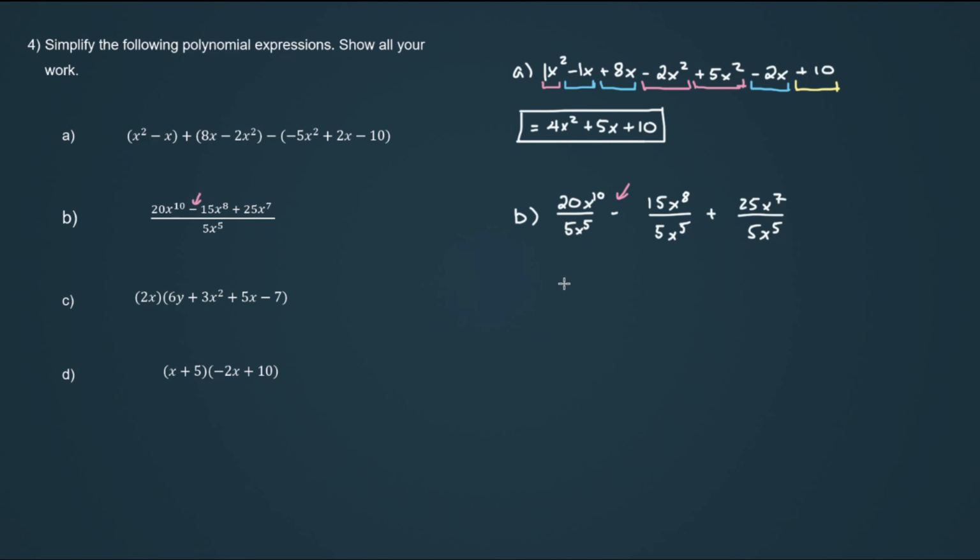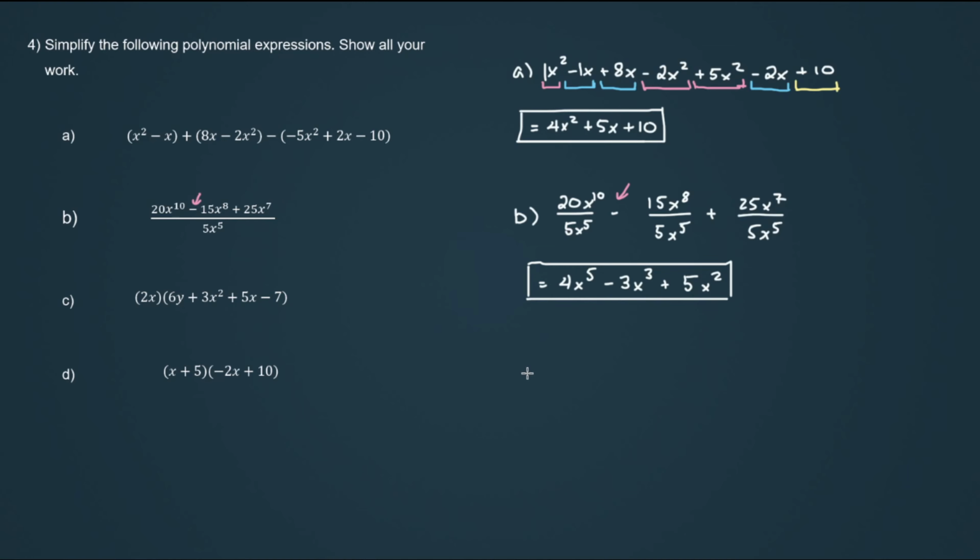So 20 divided by 5 is 4. 10 minus 5 is 5. Minus 15 divided by 5 is 3. And 8 minus 5 is 3. Plus 25 divided by 5 is 5. 7 minus 5 is 2. And that's the answer for B.